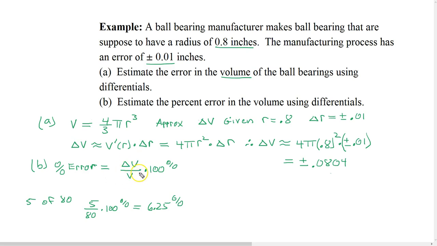So we're asking up here, what is the percent error in the volume? So we take the error in our volume, divide it by the volume we want, and then multiply by 100. Just like, thinking of the 5 as being our error, 80 being what we want, and then taking 5 over 80, delta V over V times 100%. Alright, so now this is what we want to approximate, so let's do that.